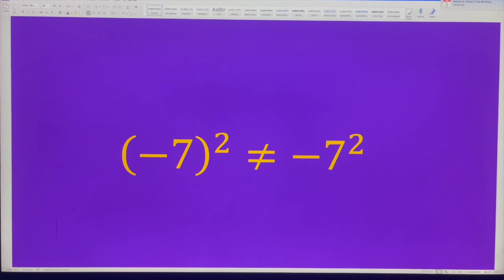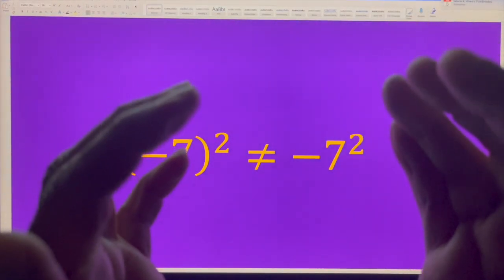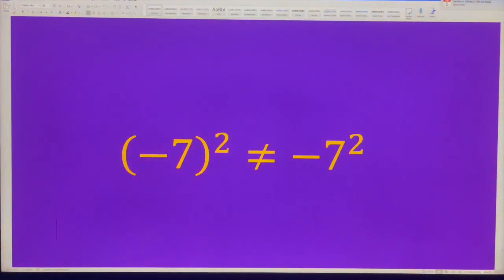By the way, believe it or not, parentheses, these guys, make a difference. Parentheses help to reinforce inclusion. And when you see the parentheses and that -7 inside, that means something. So we're going to take a closer look at this particular statement to try to make it make sense.